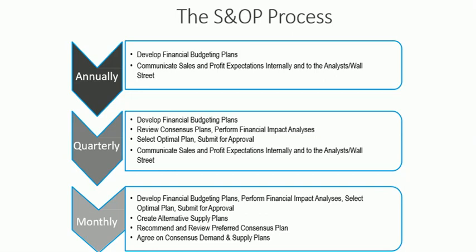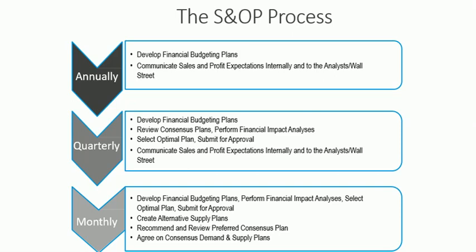Then on a quarterly basis you should again communicate those sales and profits to your internal employees and to the analysts, showing where your product is now ranging and how many products are sold. Because when you release your quarterly reports to the public, the public will be aware of your success, your market share will increase, and they will gain trust in you.